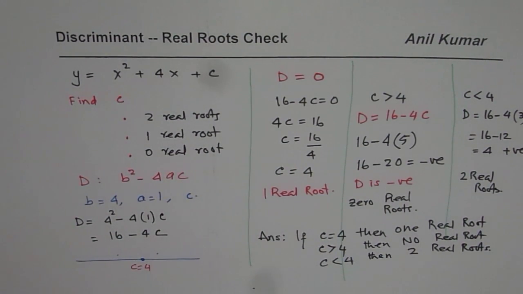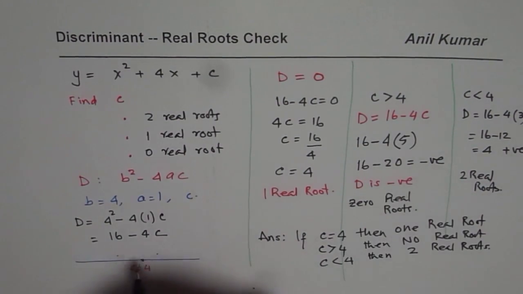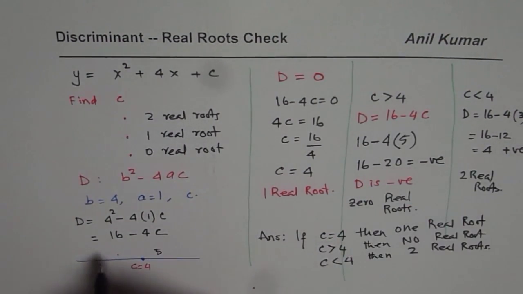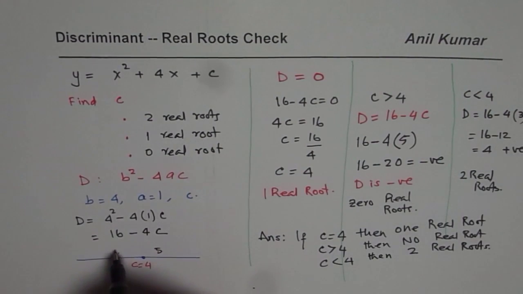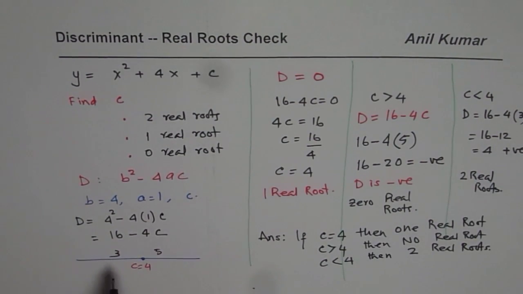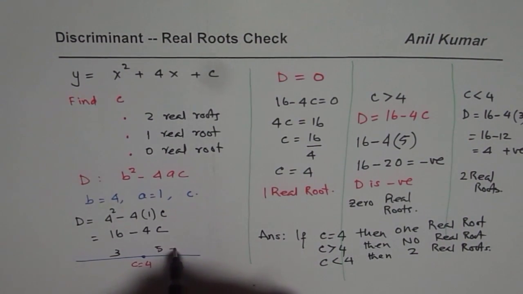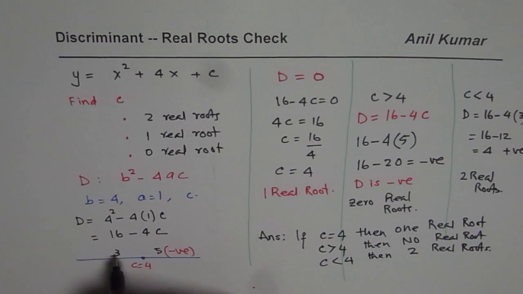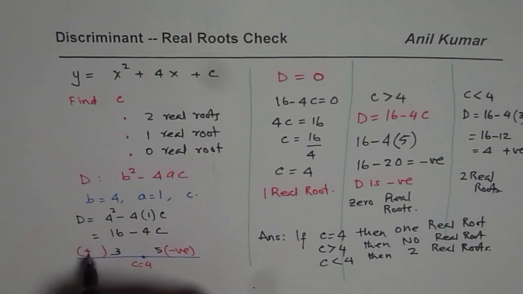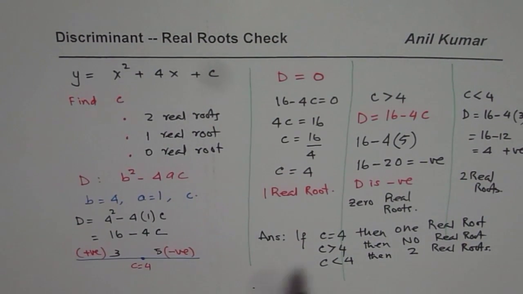We checked for 5, which was greater than 4, and for 3, which was less than 4. We found that if we use 5, we get a negative result, and if we use 3, we get a positive result. So therefore, we could conclude how many roots we will have for different values of c.